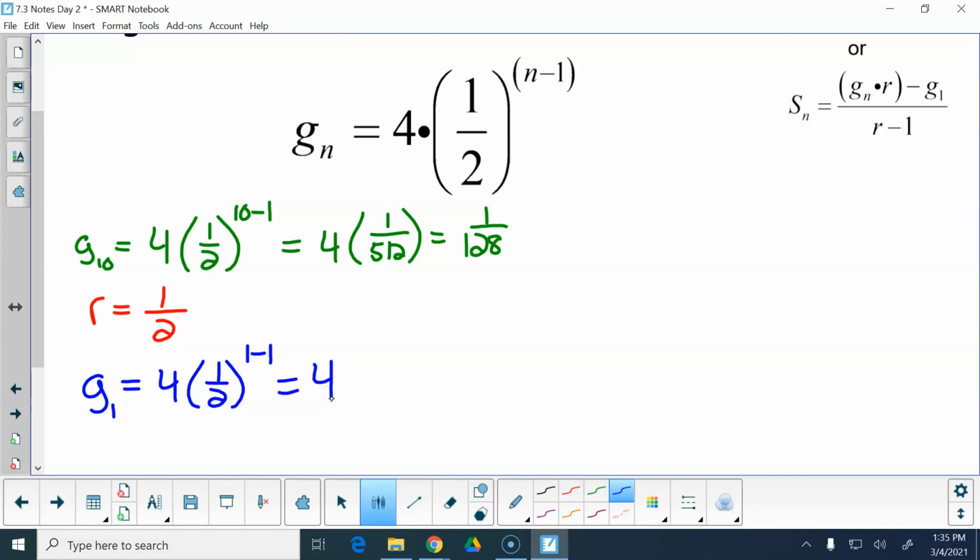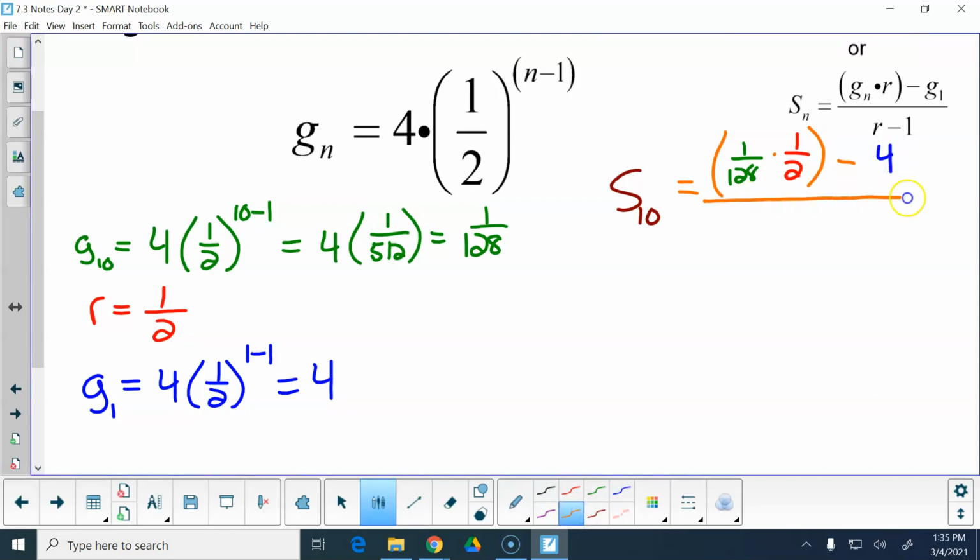Okay, so the sum of my first 10 terms is going to be my last term, 1 over 128, times R, which is 1/2, minus my first term, 4, all over 1/2 minus 1.